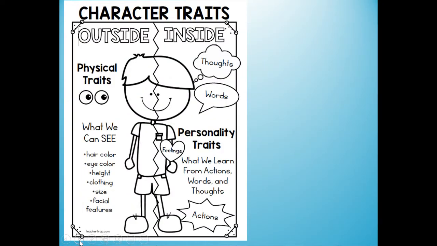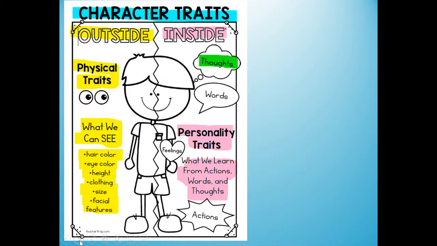Okay, character traits. When you look at a character in a story, you look on the outside, the character's physical traits, what we can see, like hair color, eye color, height, clothing, size, or facial features. Or you might look at how the character is on the inside, their personality traits, what we learn from actions, words, and thoughts.